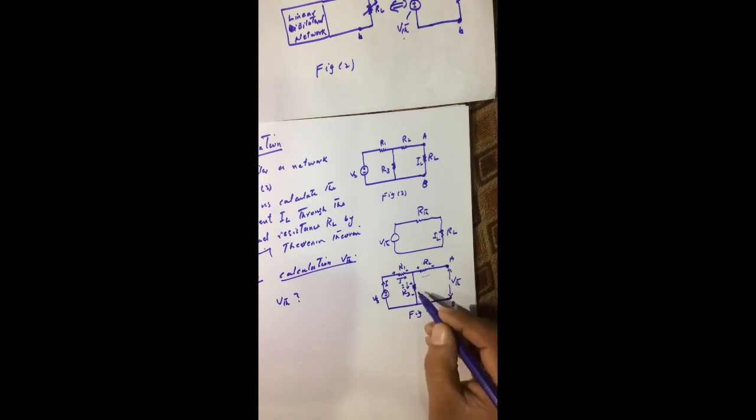So we have to calculate the voltage drop across this resistor R3. That will be the voltage drop across terminal A and B, because there is no voltage drop across this resistance R2, because no current is flowing through this one, because this is open. So the current is flowing in this way, so the Thevenin voltage will be basically the voltage drop across this resistor.